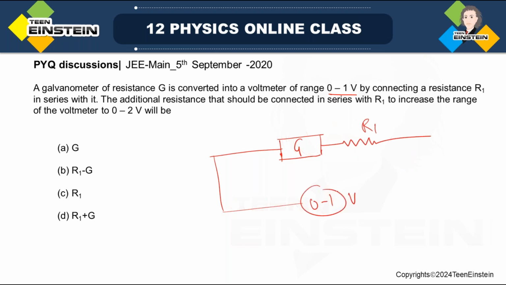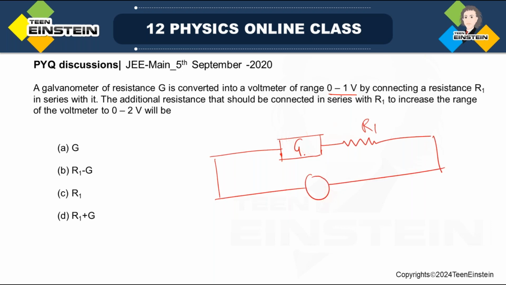That means the voltage across this can show a maximum of 1 volt.